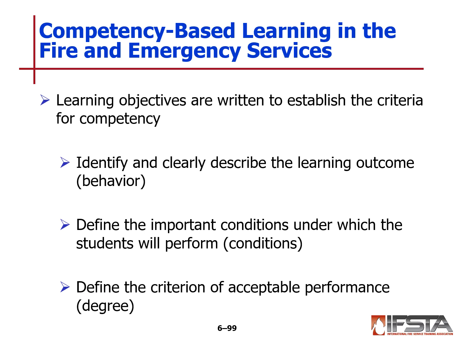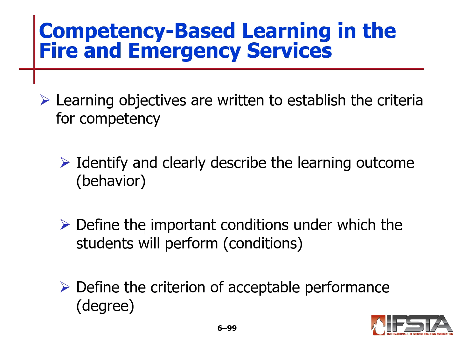The learning objectives are written to establish the criteria for competency as follows. First, it needs to identify and clearly describe the learning outcome, most commonly called the behavior. An example of this is the student will don an SCBA. Then, it needs to define the important conditions under which the student will perform.